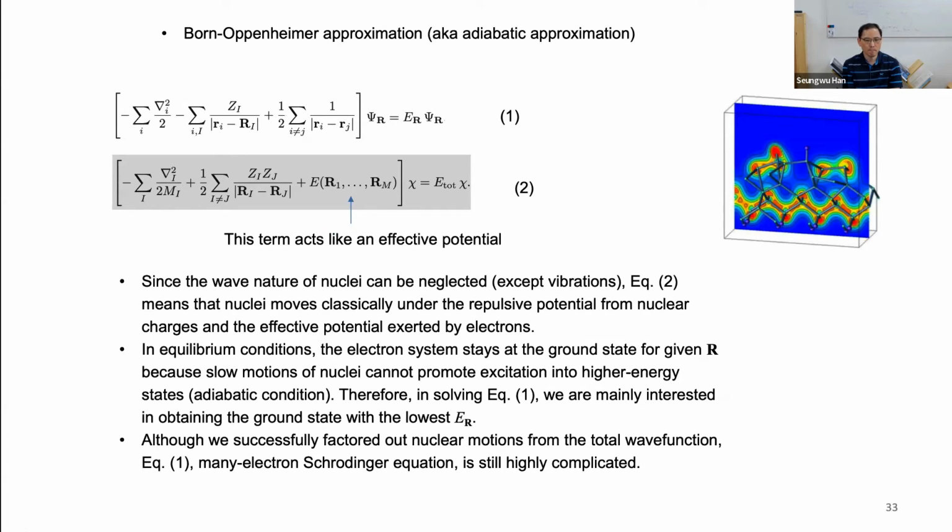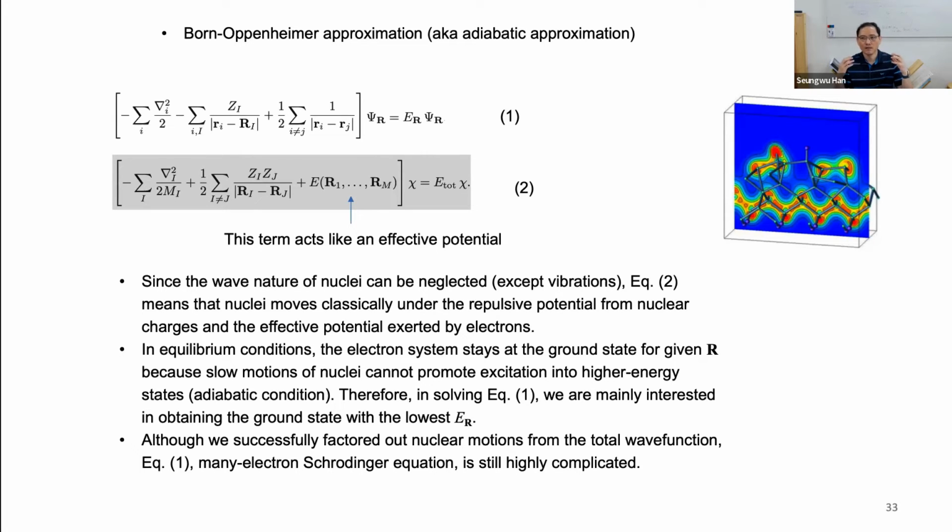Here we separate the nucleus and electrons. The nucleus is much heavier than the electrons. Therefore, to the electrons, the nucleus is moving too slowly. It's almost frozen there, and therefore we only need to treat the electrons quantum mechanically, for the given positions of the atoms.